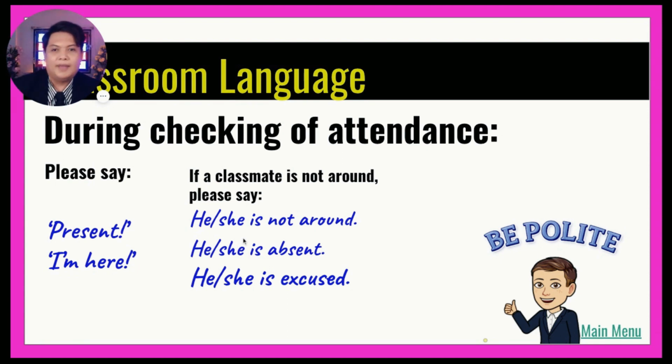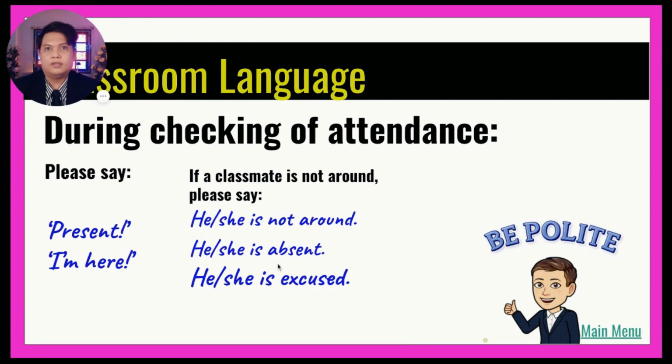Now, if a classmate is not around, don't let the teacher keep calling his or her name over and over again. If you know that your classmate or your friend is not around, you could volunteer saying that he or she is not around. Again, he or she is not around.